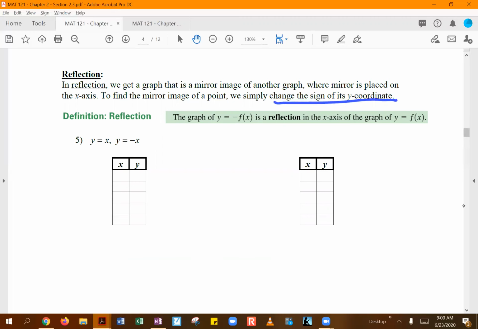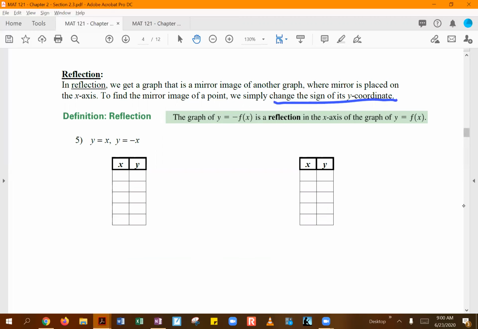And I've just got a simple example over here. The first function is y equals x, and then we're simply putting a negative sign in front of it, and that will give you y equals negative x. So if it's y equals x, again, I can use my basic 5 points over here.